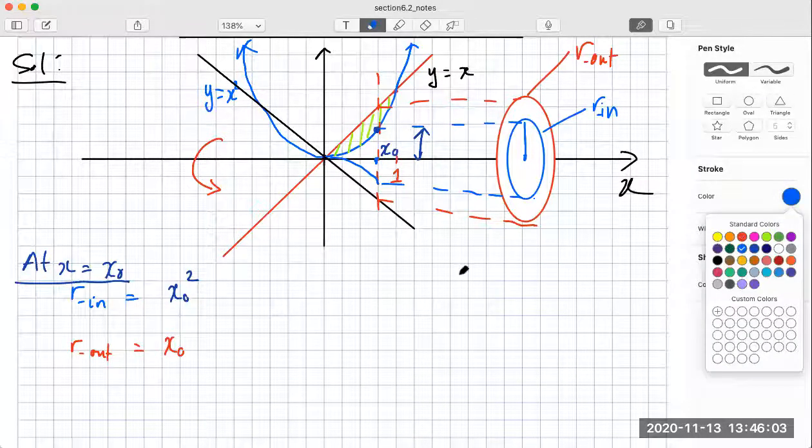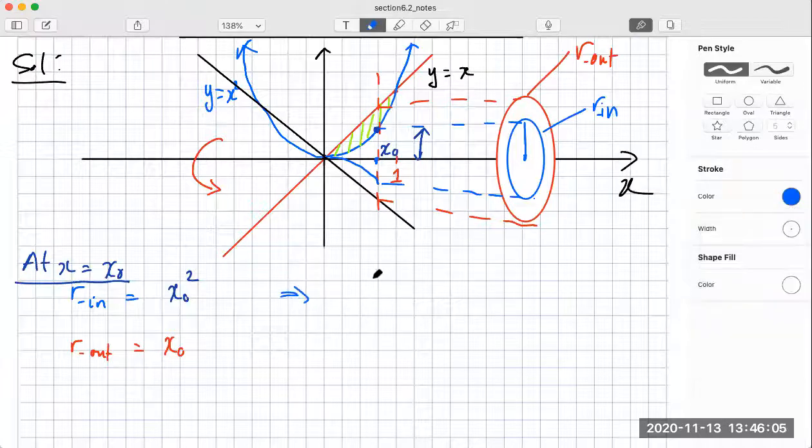It means the area in, right? It will be pi R in square, right? Which is pi and then x0 square.